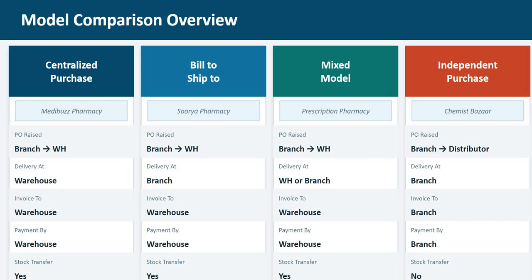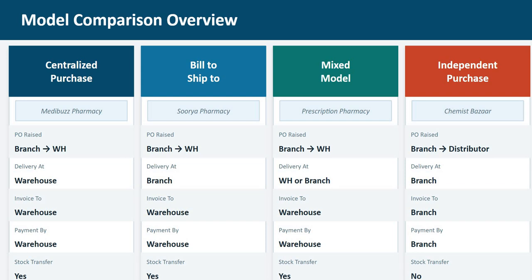And in the mixed model, depending upon the product or the situation, it could be delivered either to the warehouse or to the branch. And in all of these 3 models, the invoice will always be raised to the warehouse only, the payment will also be done through the warehouse only, and the stock transfer would be generated from the warehouse to the branch.